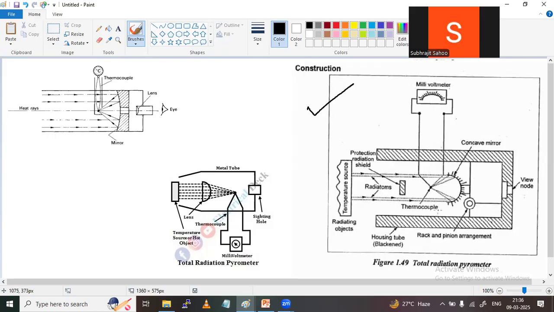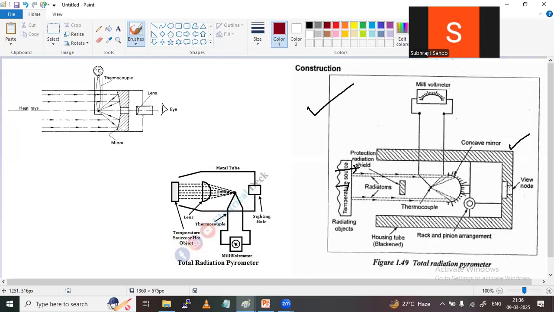See what is the arrangement. This is the hot surface body, where the radiation is coming from. This one is my instrument. This is a cover, housing tubes.